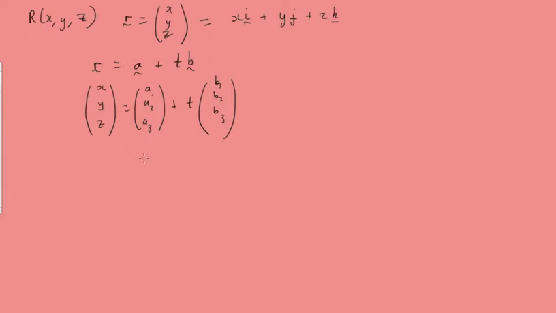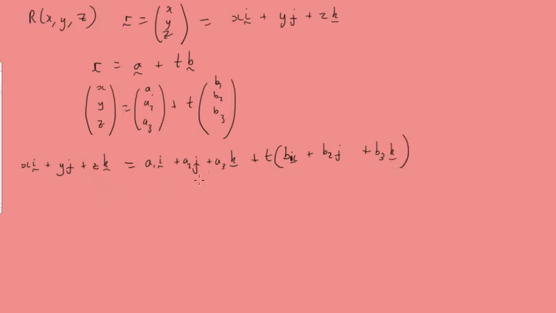Or we can write that as xi plus yj plus zk equals a1i plus a2j plus a3k plus t, open bracket, and the same with our b vector, b1i plus b2j, actually that's meant to be b1, and there's our i, plus b3k.